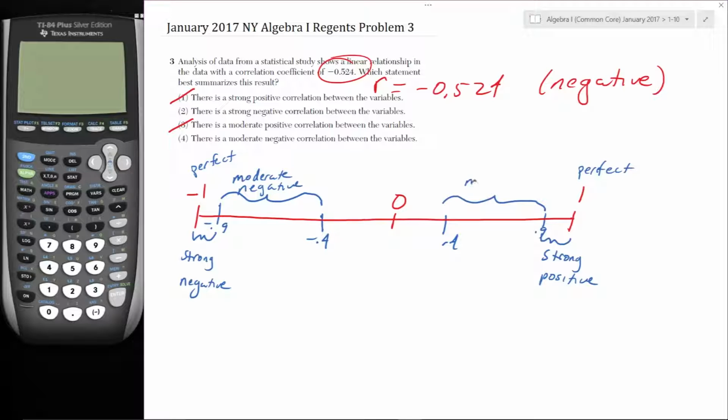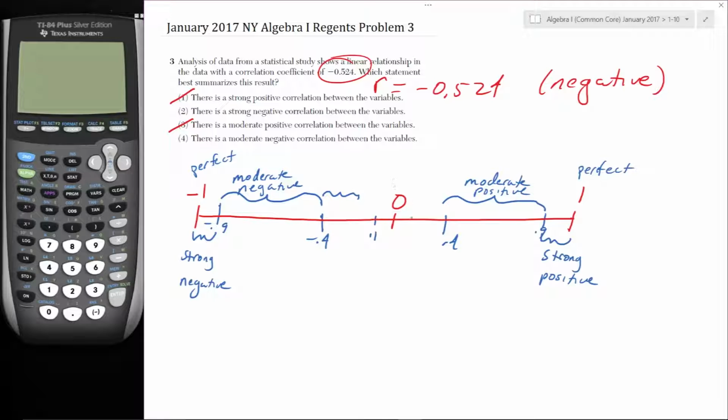And this is from here to, let's say, down to negative 0.2, maybe, or to positive 0.2. This is weak negative. Oops, I'm not even going to go down to negative 0.2. I'm going to go down a little lower, like 0.1.